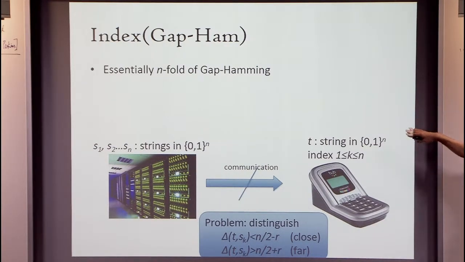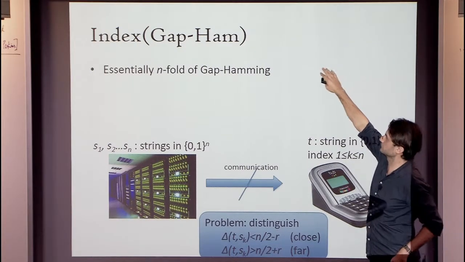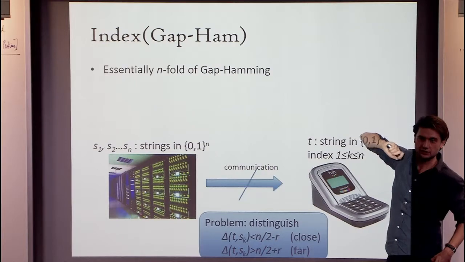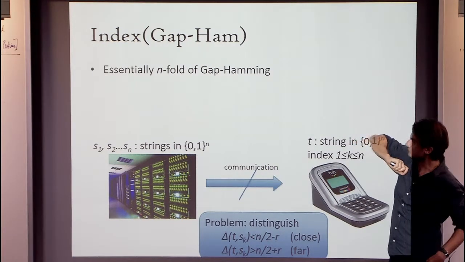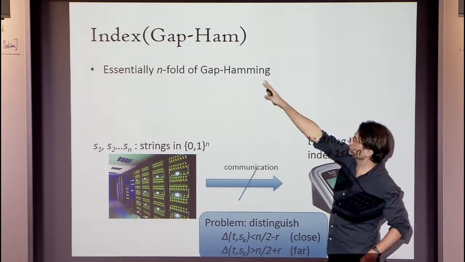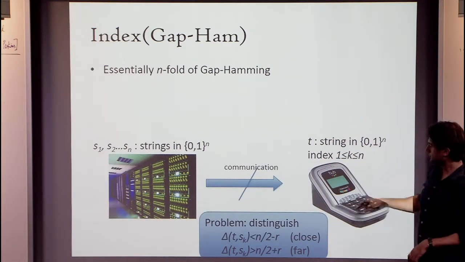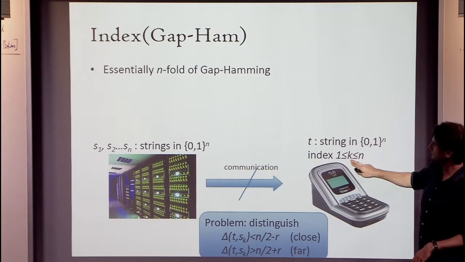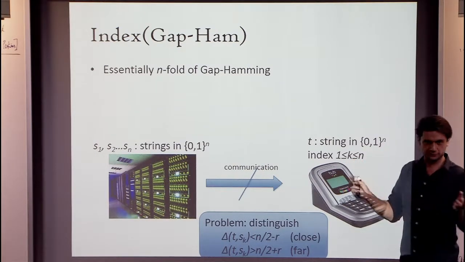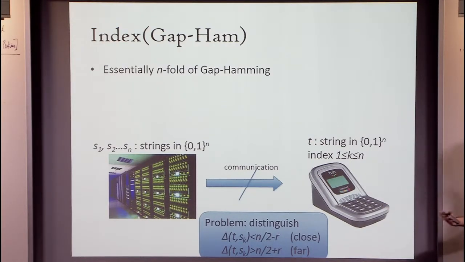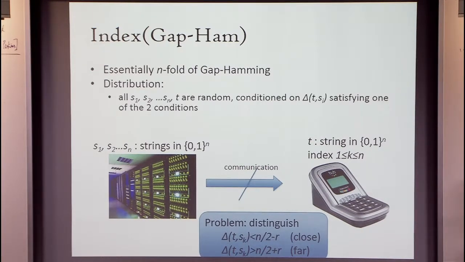This is a very nice problem, people study it a lot, and that particular problem requires size n. And it is, in some sense, an index of this gap Hamming, where Bob has an index k, and has to solve the kth gap Hamming problem. So in some sense, it's a combination of index and gap Hamming.